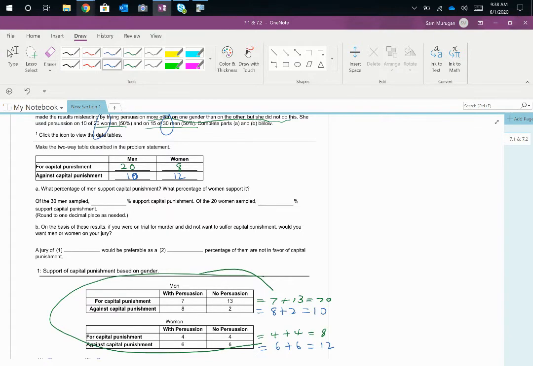Of the 30 men sampled, 20 support capital punishment. So 20 out of 30, which is 0.667 or 66.7%.